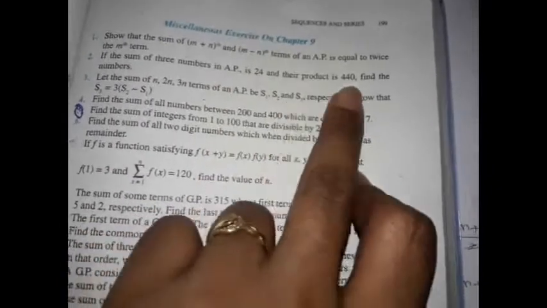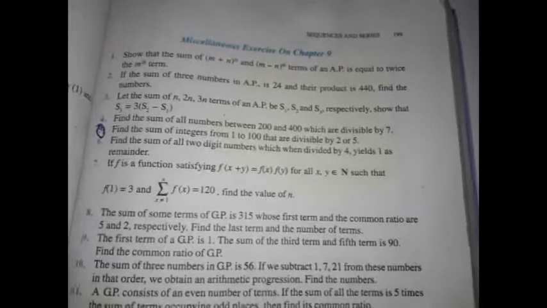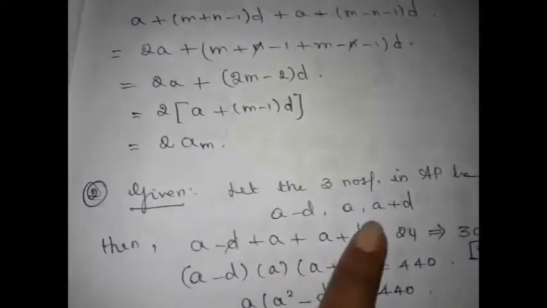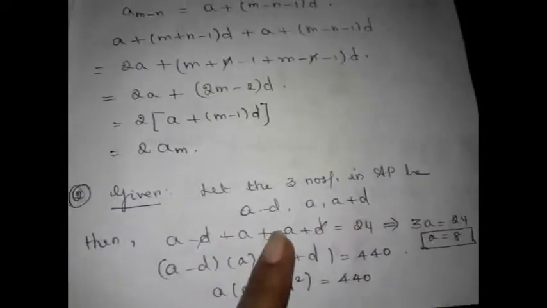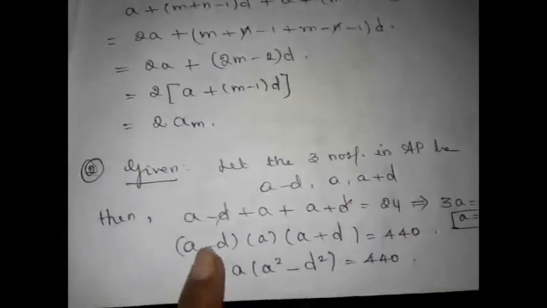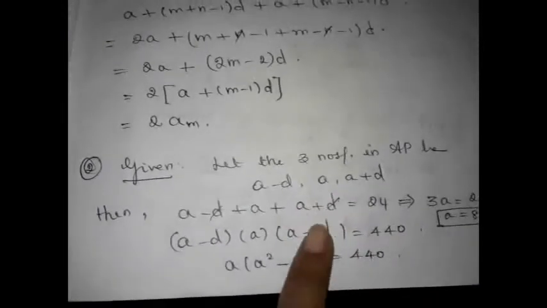Now let us move on to the next question. If the sum of three numbers in AP is 24 and their product is 440, find the numbers. These are all very easy problems. When we talk about three numbers in AP, what are those three numbers? A minus D, A, A plus D. The sum of these three numbers is 24 and their product is 440, so you will get two equations.